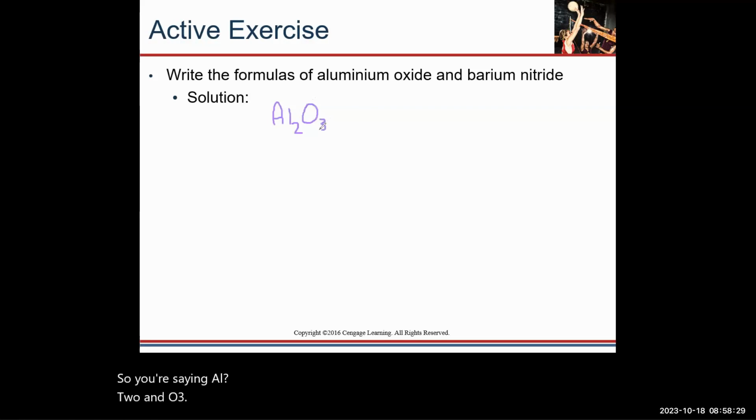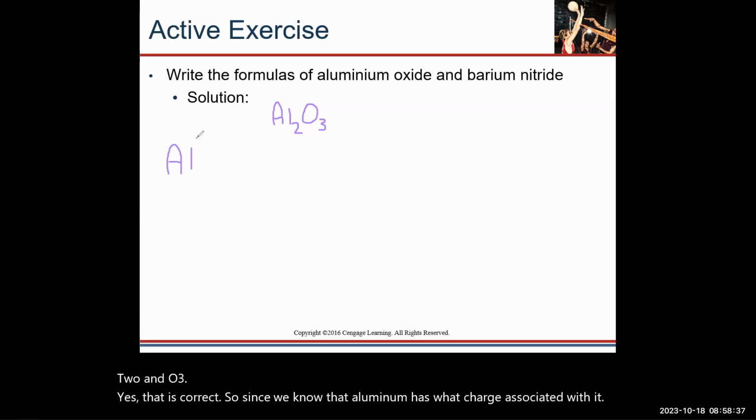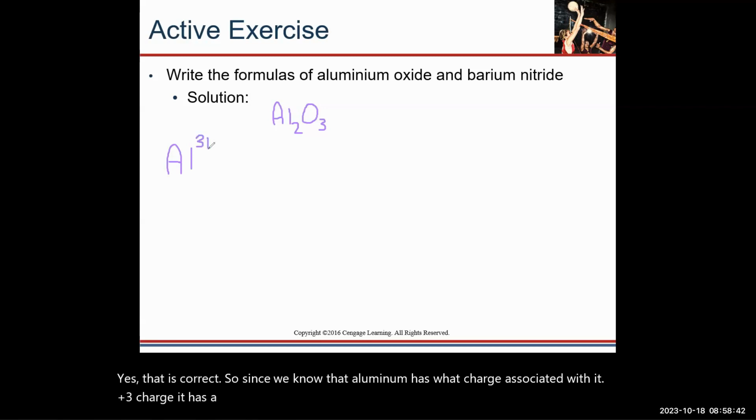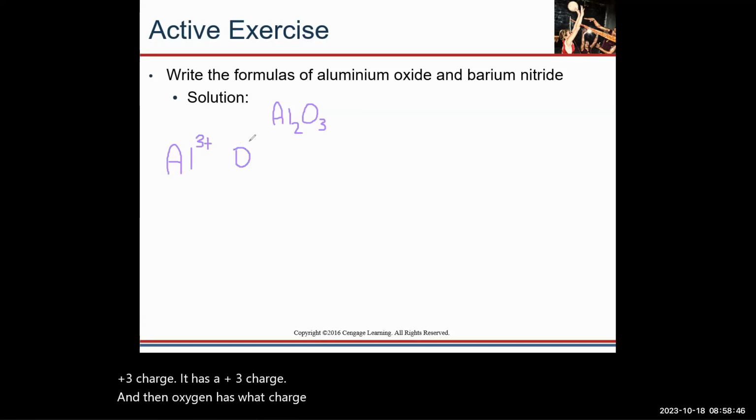Yes, that is correct. So since we know that aluminum has what charge associated with it? +3. It has a +3 charge. And then oxygen has what charge? A +2? Is it a +2? My bad, -2. Okay.